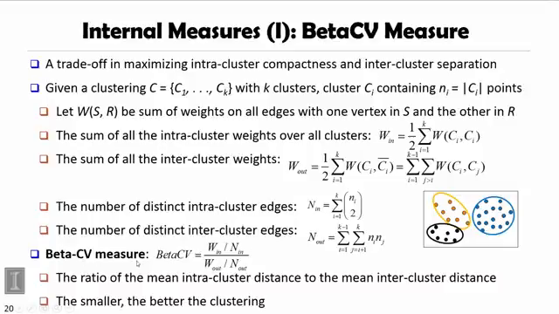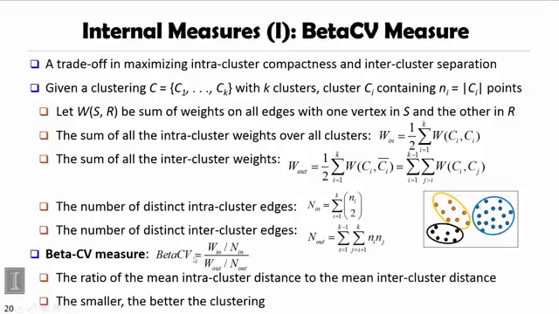Then the BetaCV measure is defined as W in divided by n in. You can think of this as the mean intra-cluster distance. And you get W out divided by n out. You can think of this as the mean inter-cluster distance.